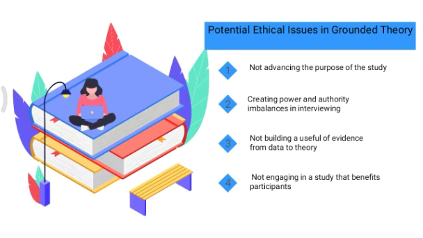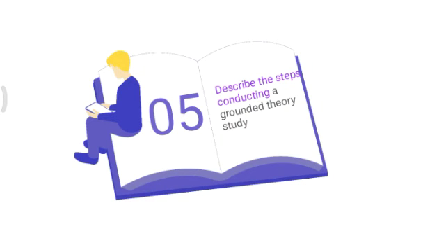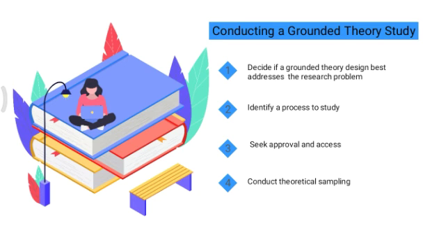And the third is not building a useful chain of evidence from data to theory. And the fourth is not engaging in a study that benefits participants. Okay, go to the next slide. This is the fifth topic. I describe the steps conducting a grounded theory study.